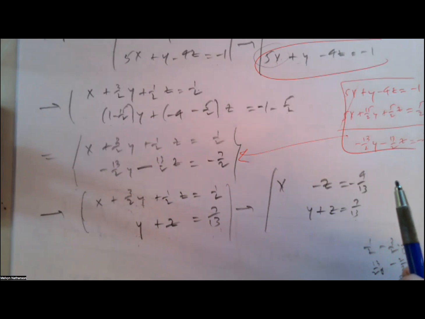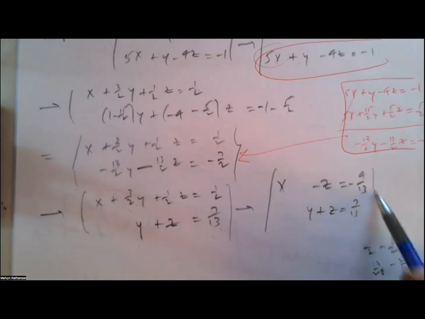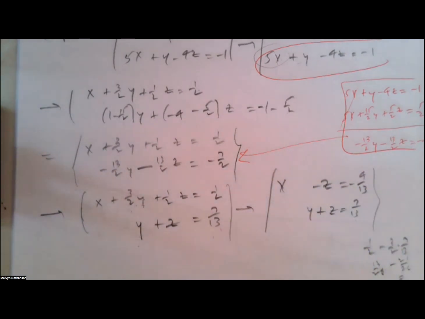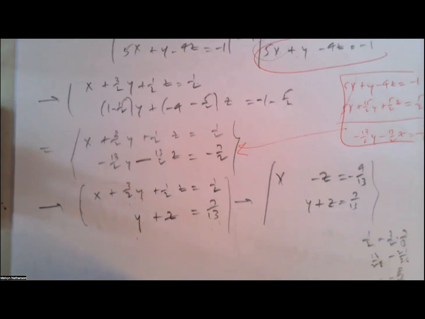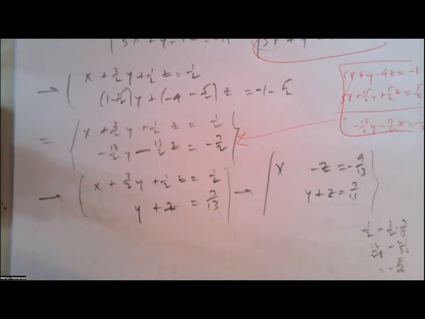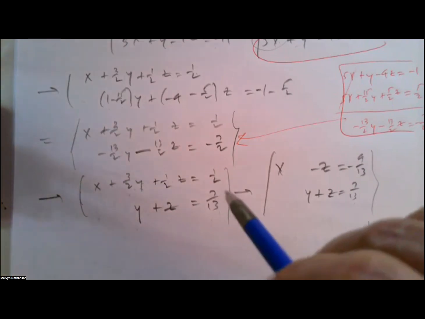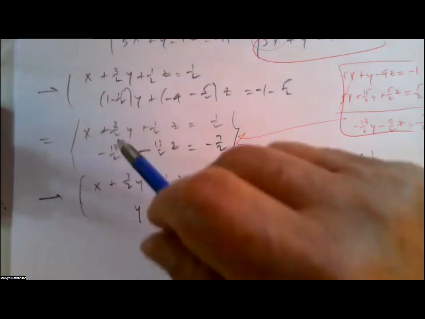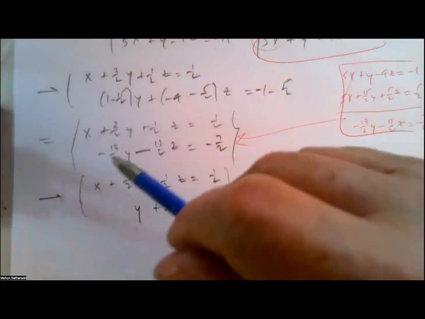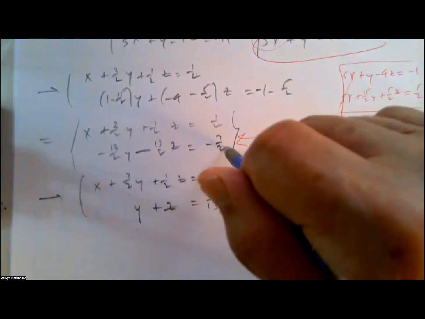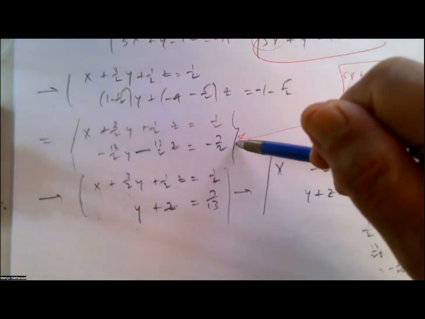And now, what does this tell me? I'm sorry, go ahead. Is there a question? Yeah. How did you get y plus z equals 7/13? Where did you get the y? From this equation. Do you see where this equation came from?